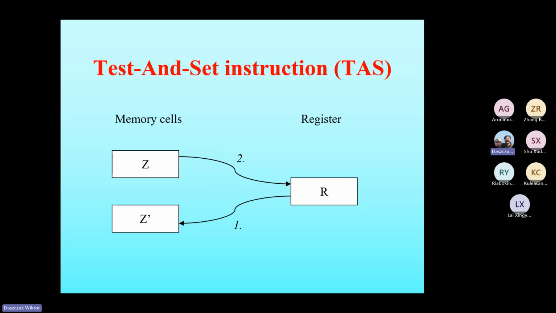The rules in this instruction are: first, some register appointed by the programmer is stored to some memory location, Z prime. Then another memory cell is moved to the register.